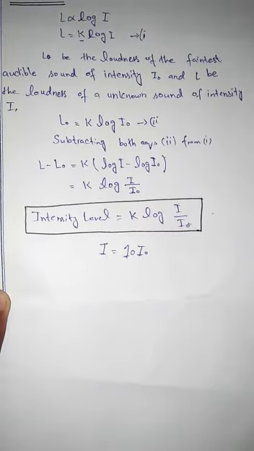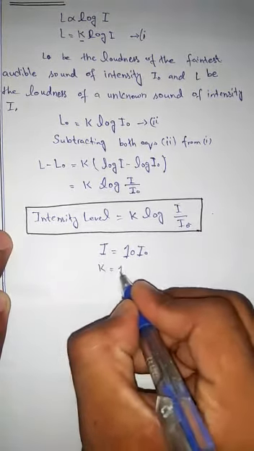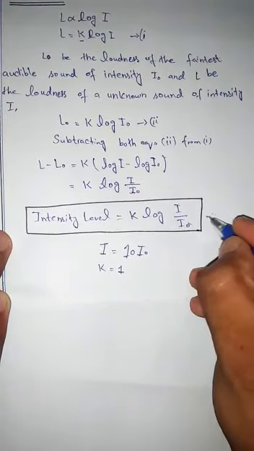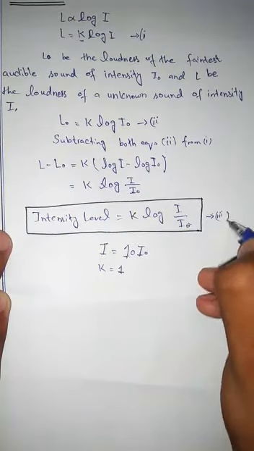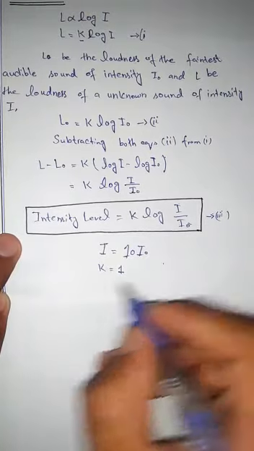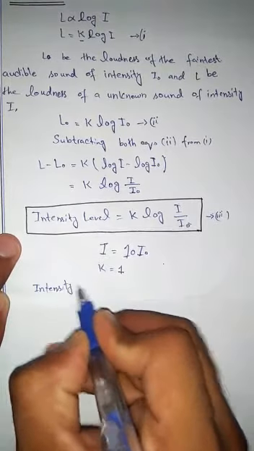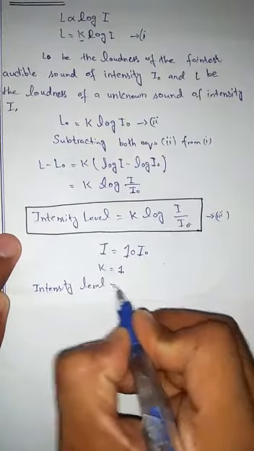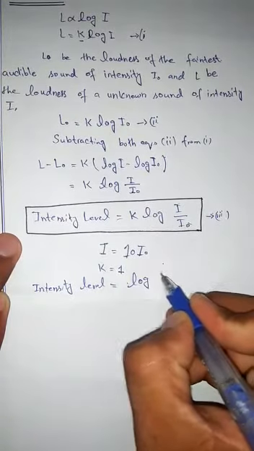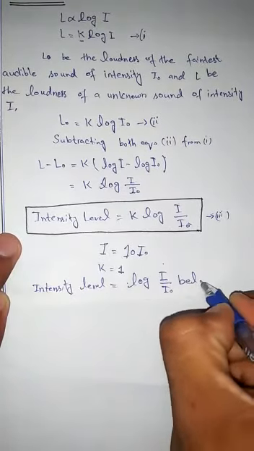The value of k becomes 1 in equation number 3. Putting the value, we get the intensity level equal to 1 times log I over I naught, and bel is the unit.